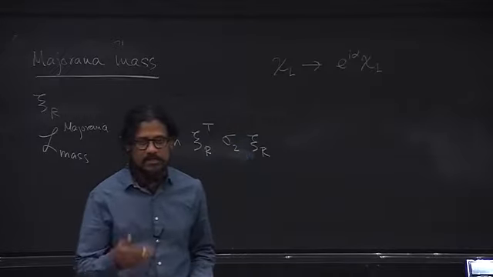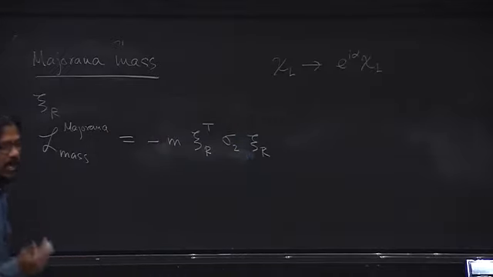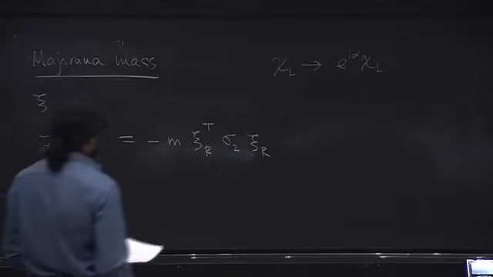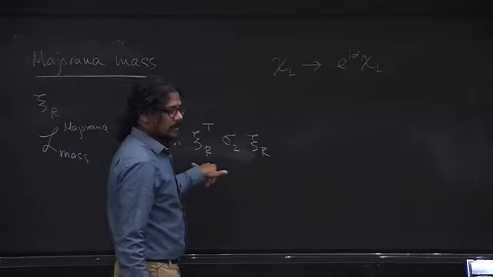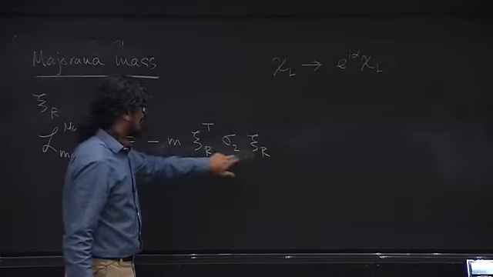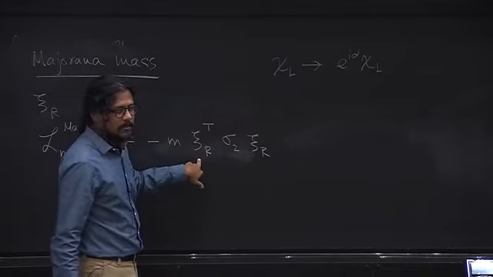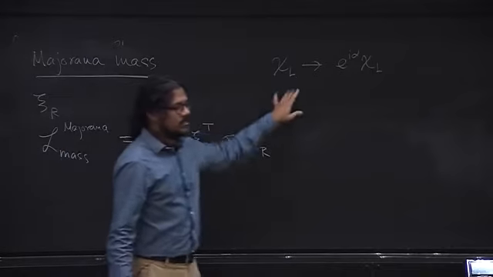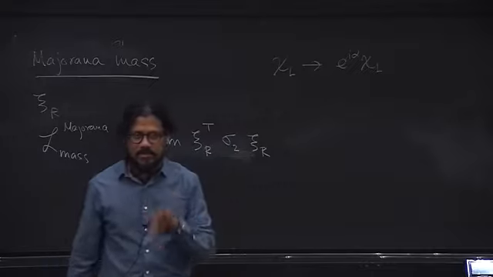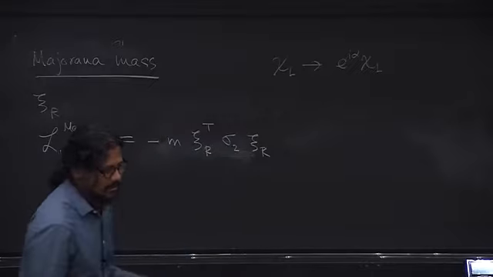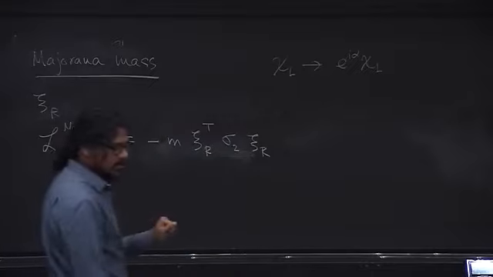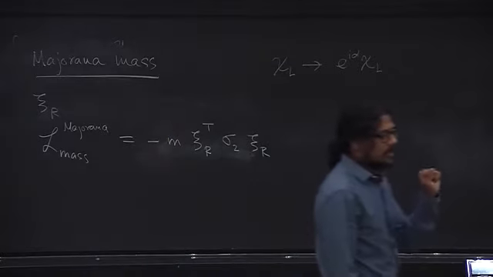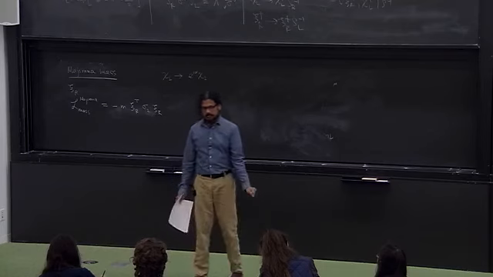This global phase symmetry ensures that you have a conserved charge. Because the Majorana mass term has psi R not complex conjugated, that symmetry is lost when you add this Majorana mass term. So that's the price you pay. You can add a Majorana mass term to your Weyl spinor, but then charge is not conserved.